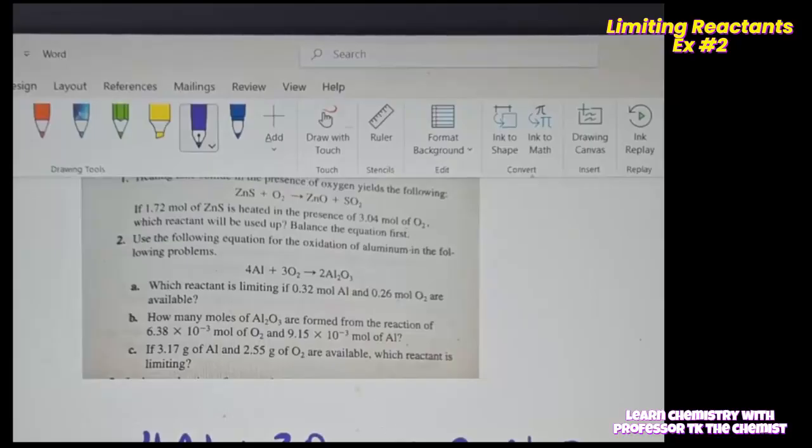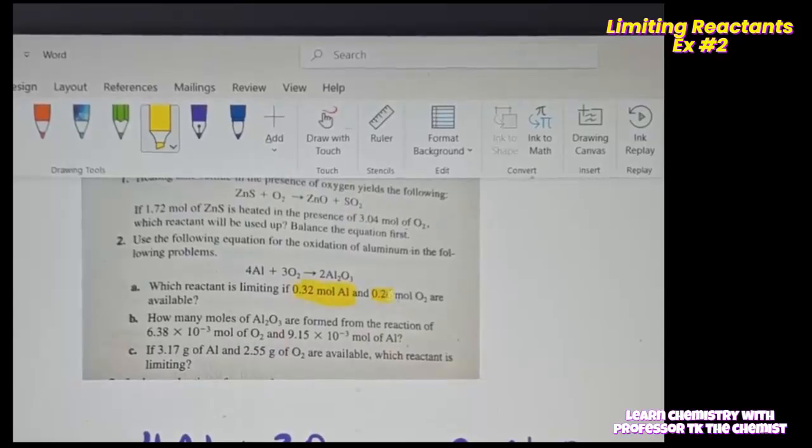So for instance, in letter A, it's asking you which limiting reactant if 0.32 moles of aluminum and 0.26 moles are available of oxygen. So they gave you the aluminum value and the oxygen value, right?